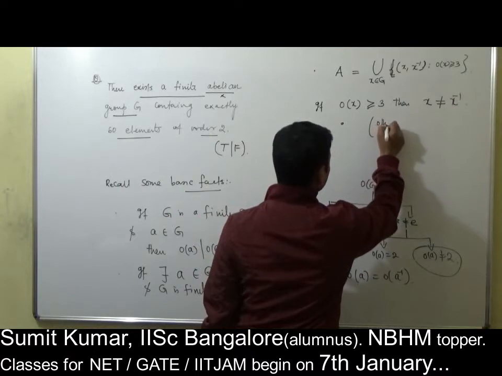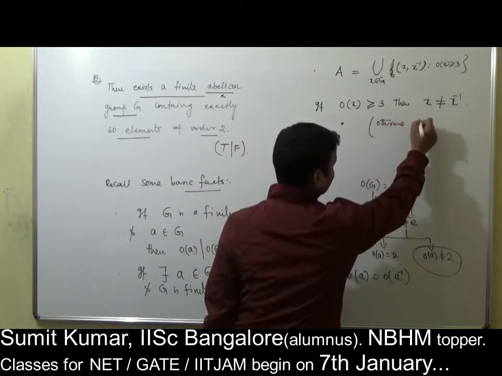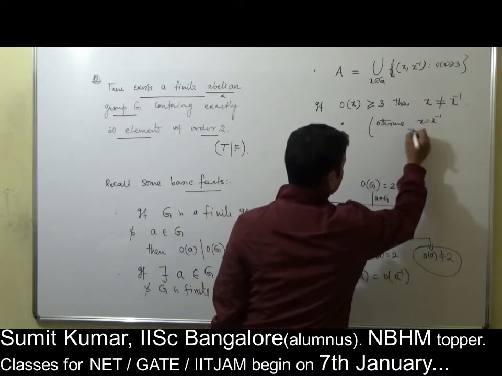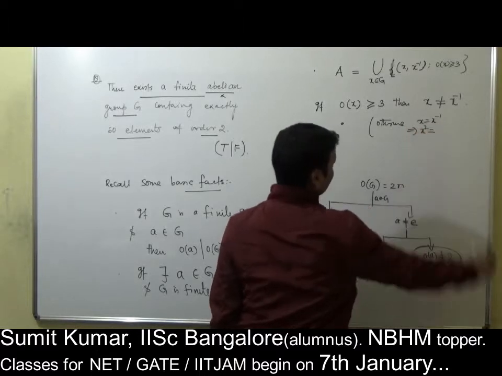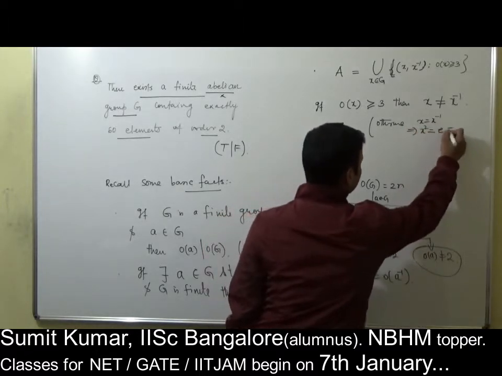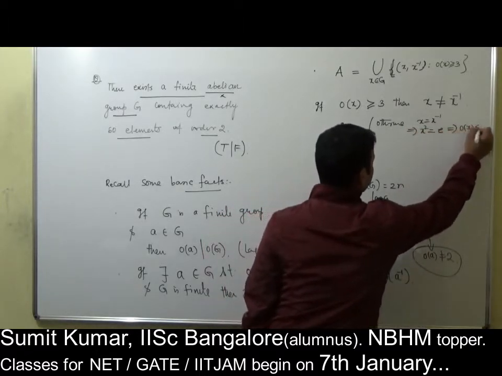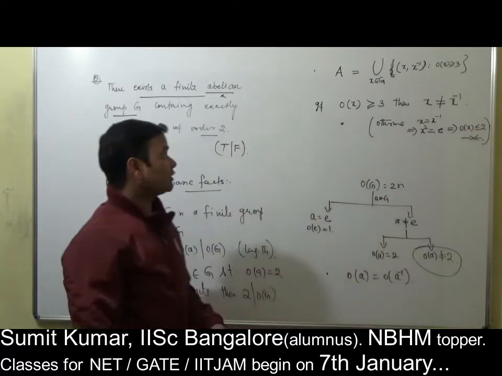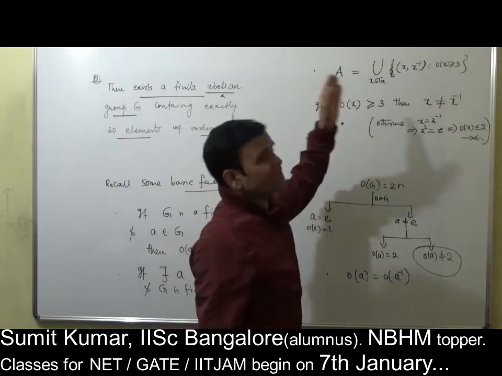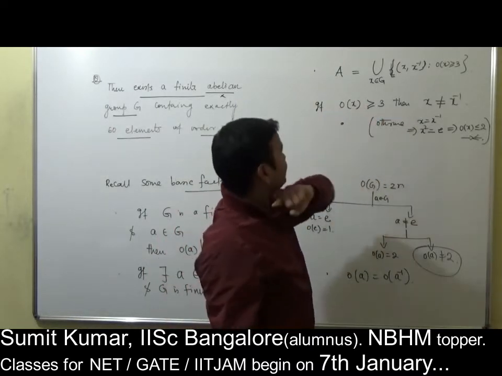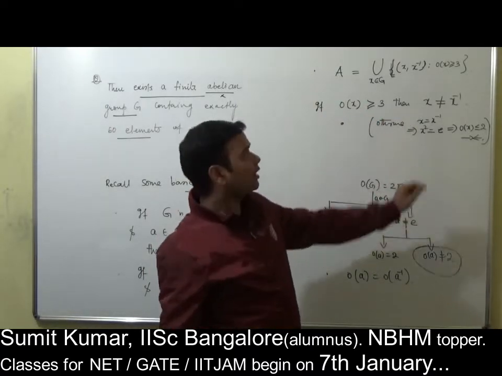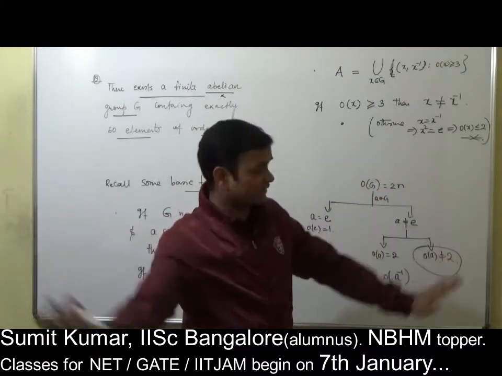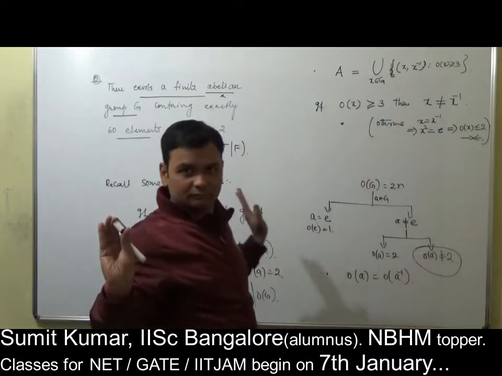Otherwise, if x equals x inverse, that implies x squared equals the identity. That implies the order of x is less than or equal to 2, which is a contradiction, because I am assuming the order of x is at least 3. In that case, x is never going to be x inverse. x inverse may be something else, but it is not going to be x.